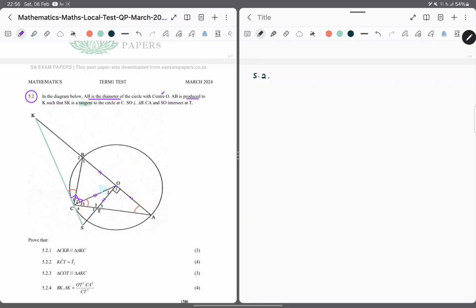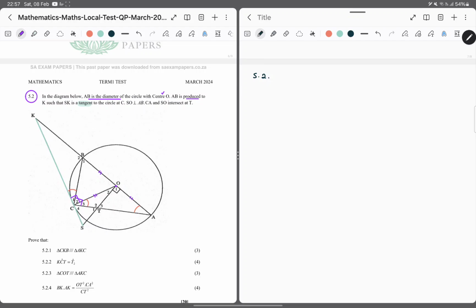This is not the radius, so this is out. I marked something wrongly, and yeah, whatever. Okay guys.